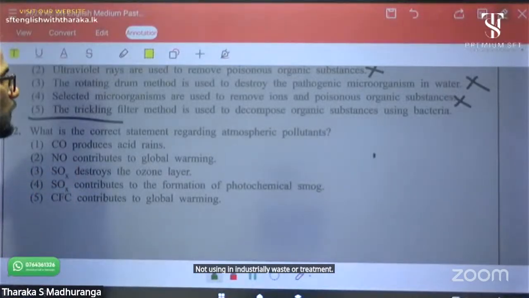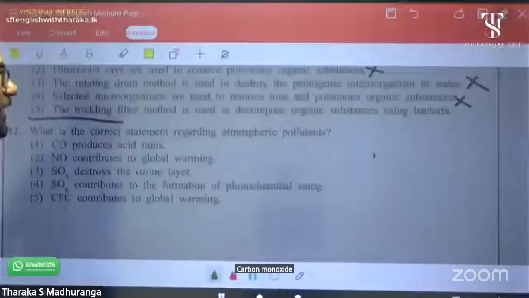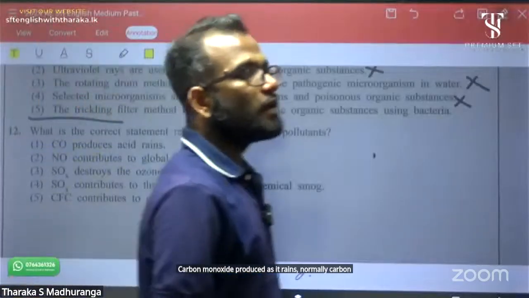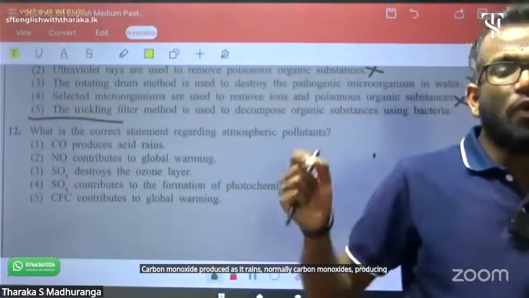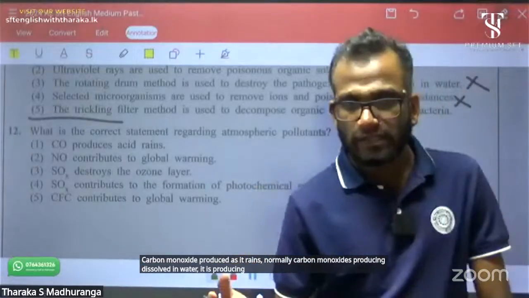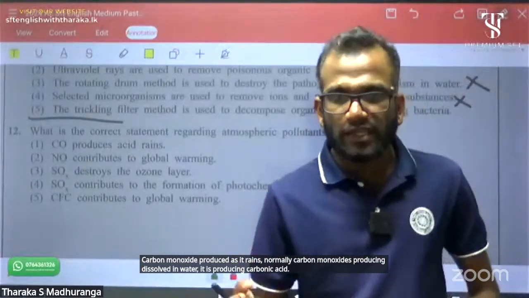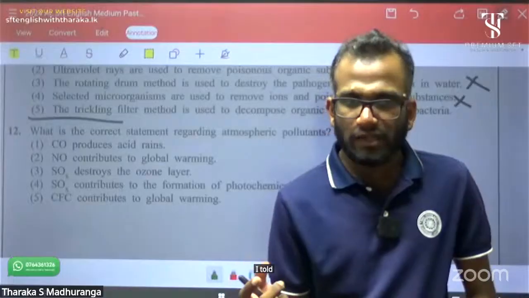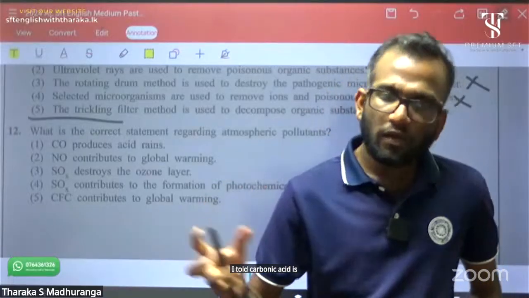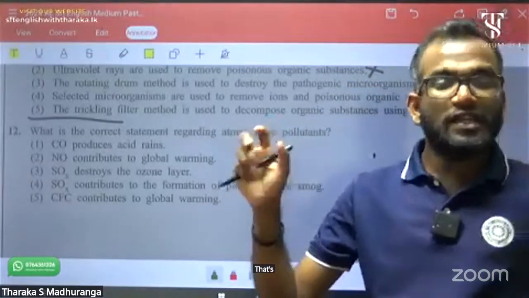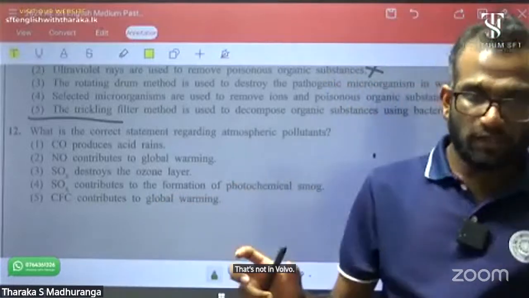What are the correct statements regarding atmospheric pollutants? Carbon monoxide produces acid rain. Normally carbon monoxide dissolved in water produces carbonic acid. I told you carbonic acid is a very weak acid. That's not involved in reducing pH to an adverse level, right?